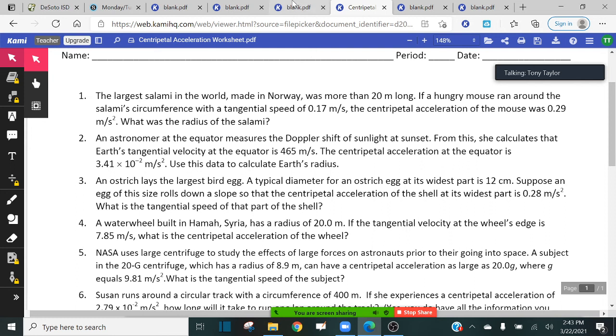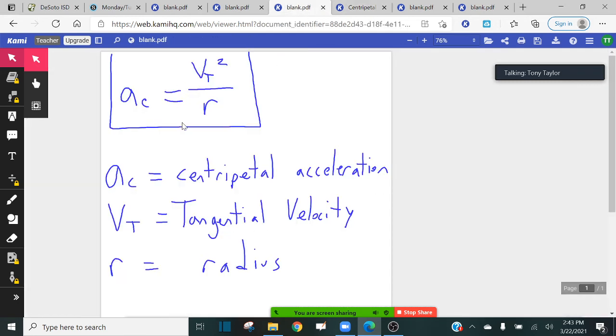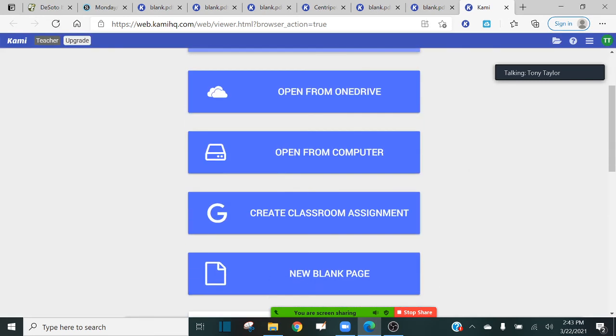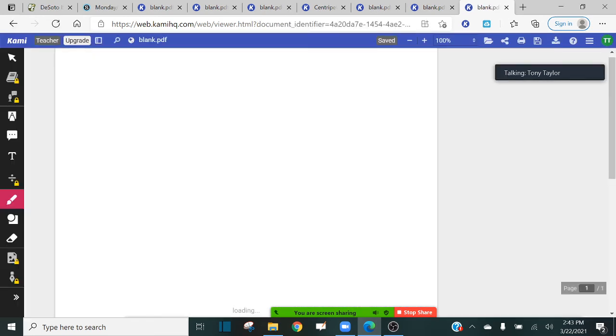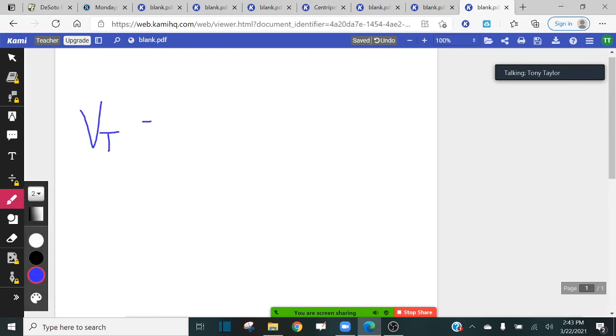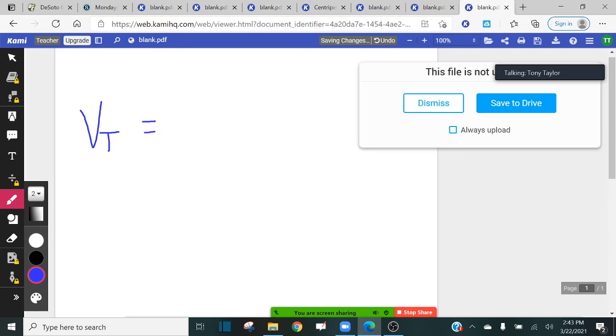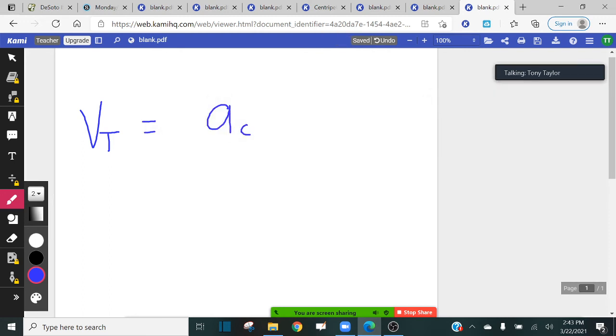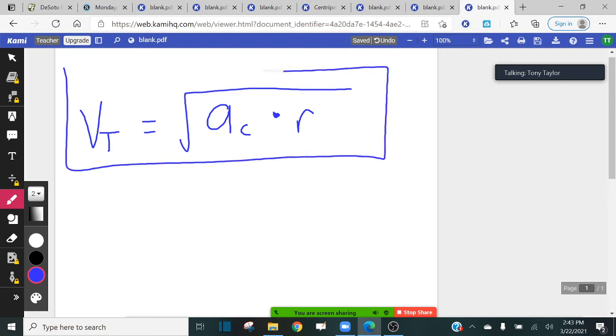Okay, so guys, for number 3, I need to take this equation right here, rearrange it, and solve for tangential velocity. When I do that, this is what I get: the centripetal acceleration times the radius, and then take the square root of that, and that gives me my tangential velocity.